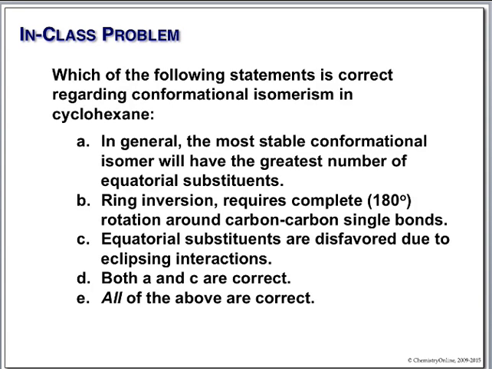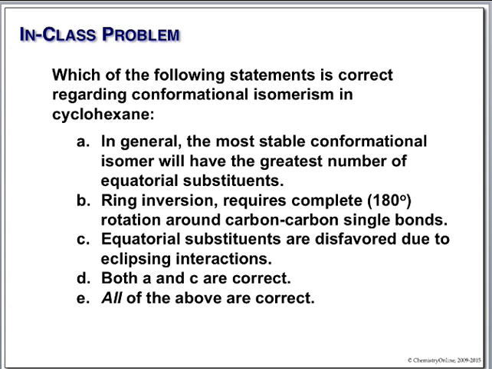Cyclohexane, conformational isomers. We know that cyclohexane rapidly undergoes a ring inversion. If we have substituents, typically one conformational isomer will be more stable than the other.